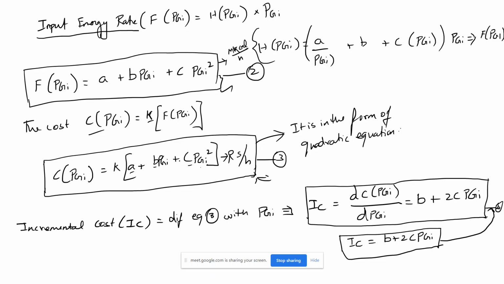For a station there may be 5 or 6 generators. Whichever generator's cost value you need, put that value in I. Then if you solve this, you will get the value.